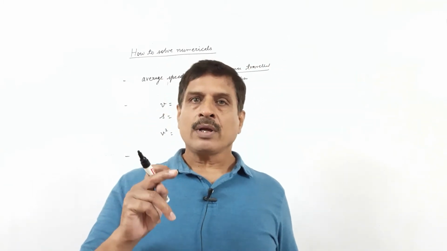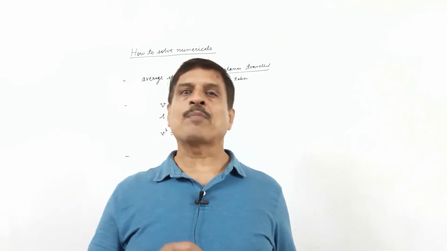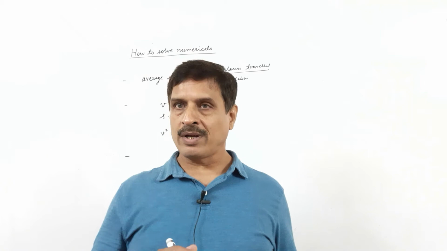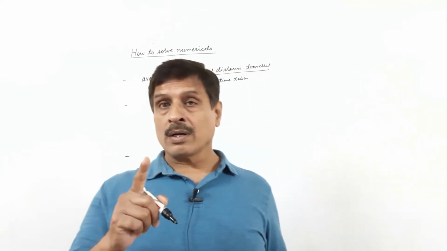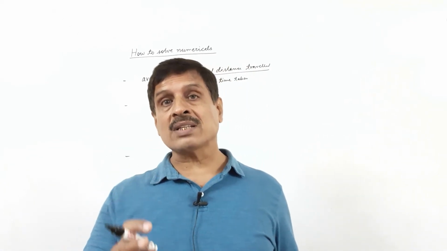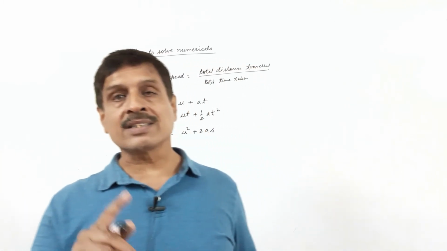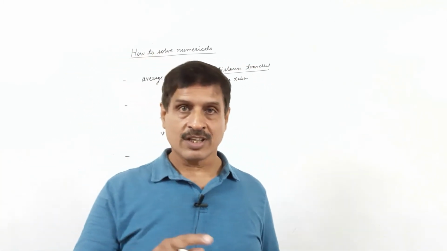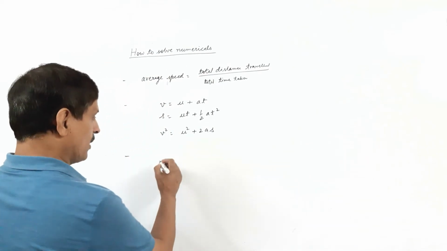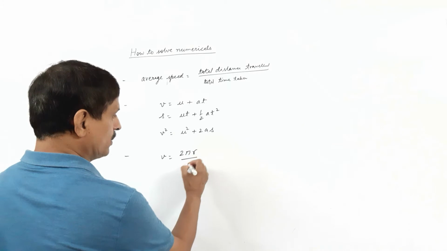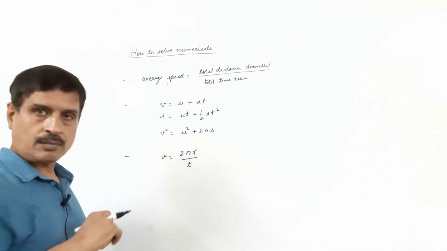If a body is moving in a circular path, then its circular velocity may be obtained. Circular motion is always accelerating motion because its direction is continuously changing. We can use the formula v = 2 pi r upon time t.